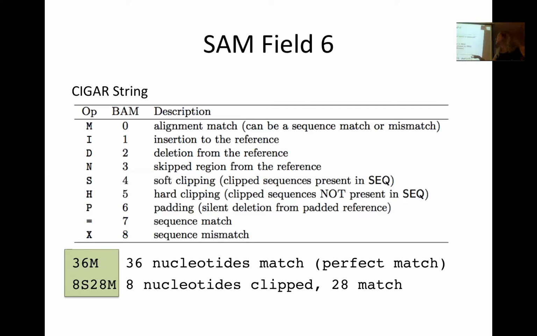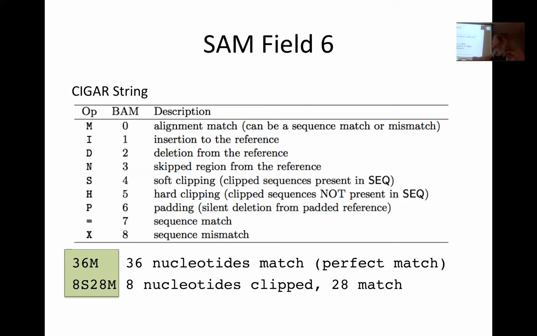You walk from the left part of the alignment toward the right. If you see a bunch of matching bases, you would say, okay, I saw 6 matching bases. I'll call that 6M. Then you have an insertion in the reference, you might say 1I. Hopefully you don't see a lot of clipping and padding because those get really complicated.